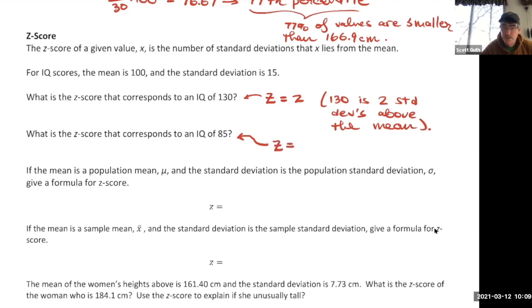Again, take 100, the mean, and how many standard deviations do you have to subtract to get to 85? 1. Yeah, but we indicate it's below the mean by making it negative. So this is 1 standard deviation below the mean, and it comes out negative. Any questions?